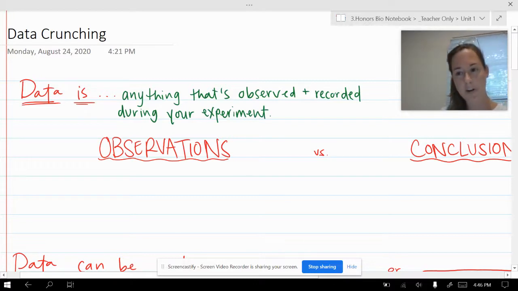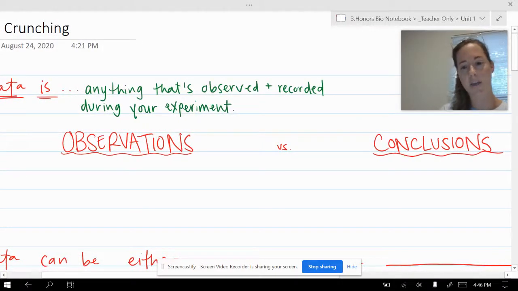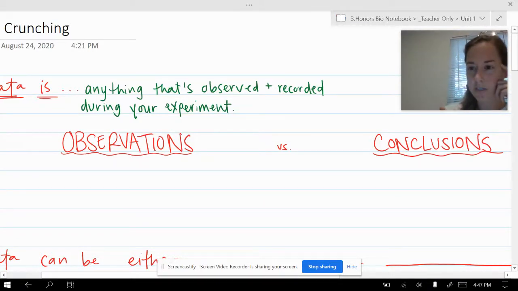Before we go any further, we need to take a second to talk about the differences between making observations and making conclusions. Observations are things that you either measure or notice that are super objective. Objective means that whether it's you or me or some other random person, we would all come to the same statement about what's happening. So it's no opinions.